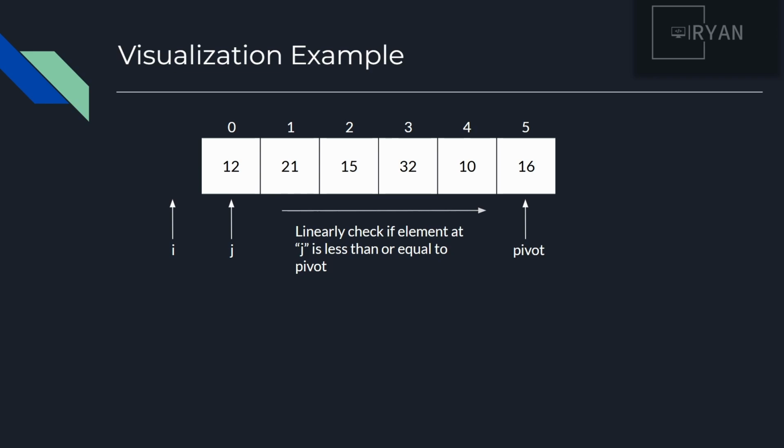For now, pivot will be at 16, and just as I've said, I will be -1. So it's not really in the range of the array yet. J will start from 0. As you can see, we are going to linearly check if the element at index J is less than or equal to the pivot.